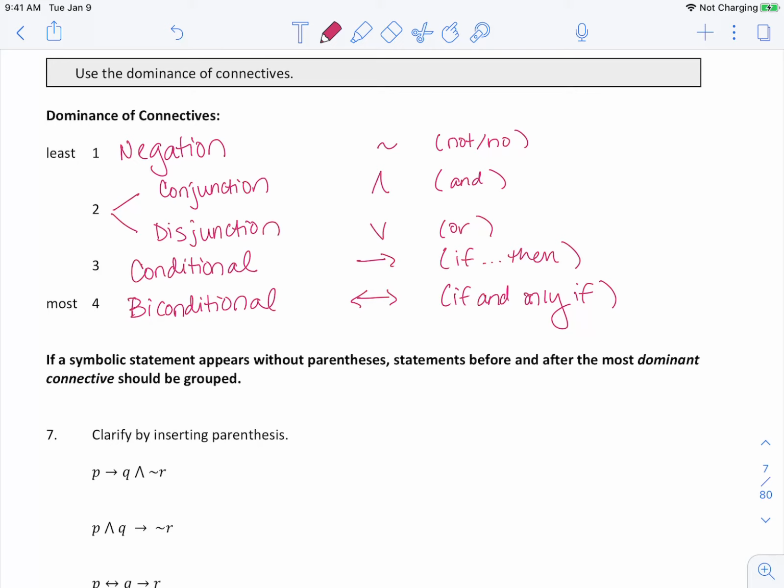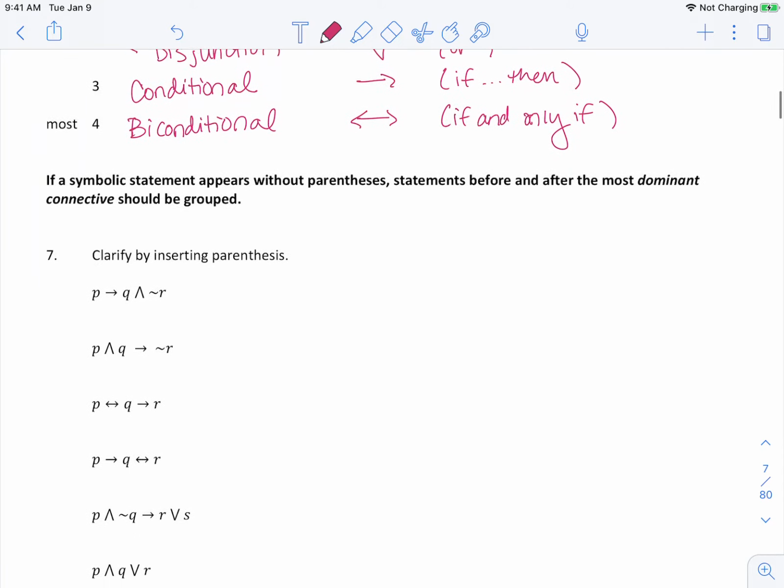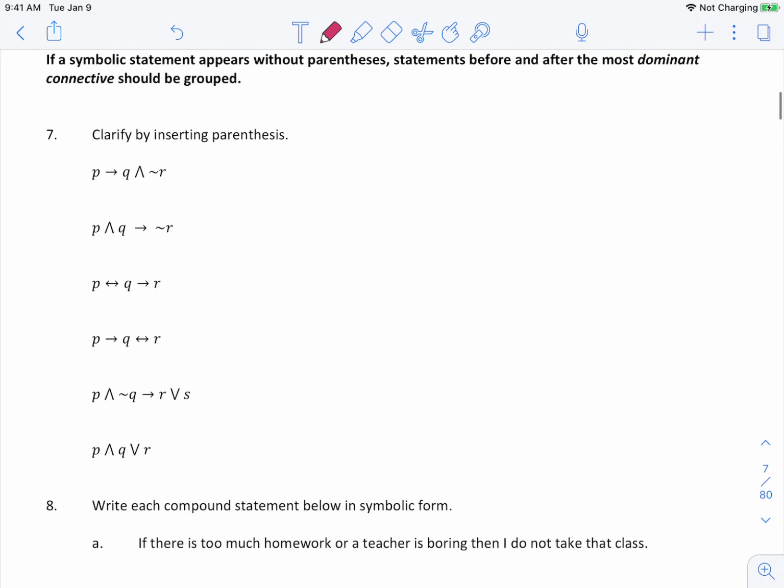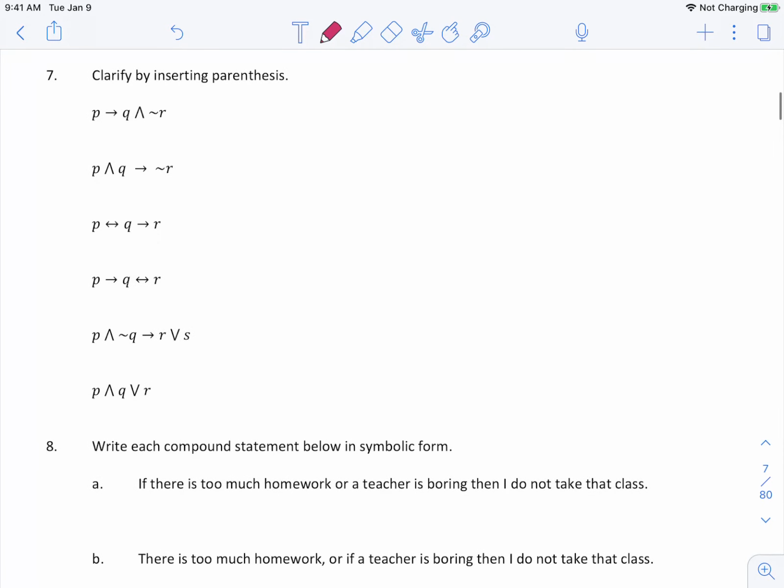Okay, so if a symbolic statement appears without parentheses, statements before and after the most dominant connective should be grouped. So if I look at 7 here, it says to clarify by inserting parentheses. The most dominant connective, we have if then, we have and not.